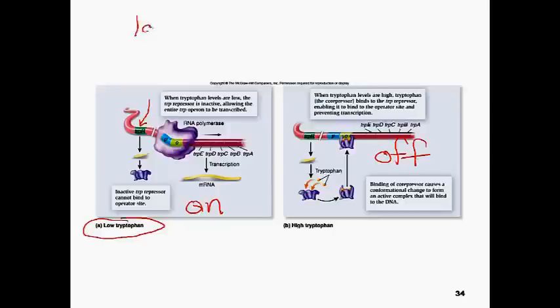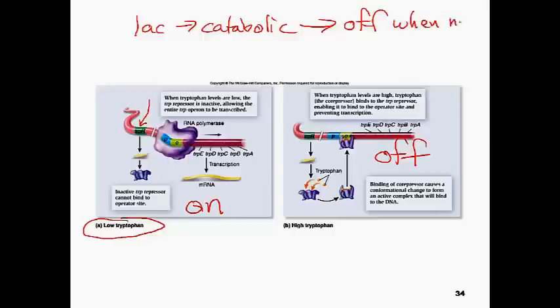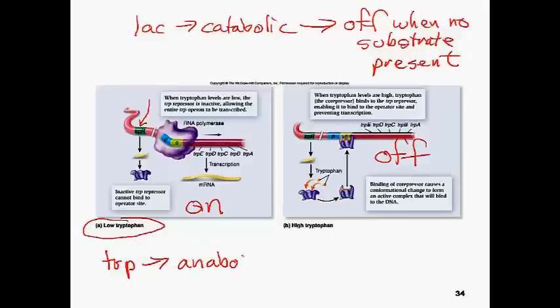So now, lac produces catabolic machinery. Its default state is off when no substrate is present. Because why make the enzymes to break down lactose if there's no lactose to be had? Tryptophan is part of an anabolic pathway.